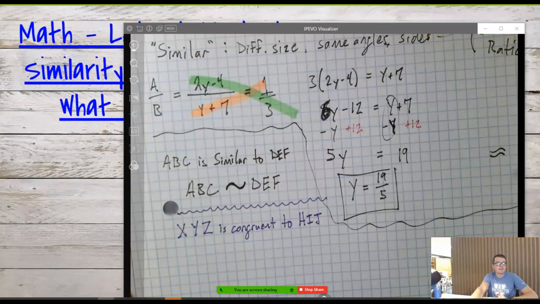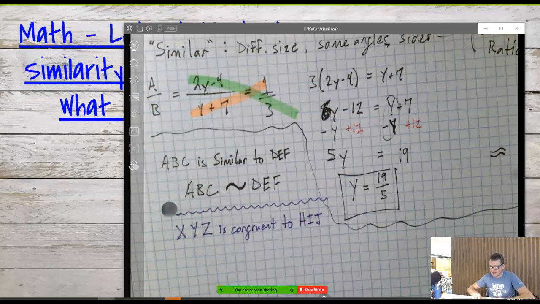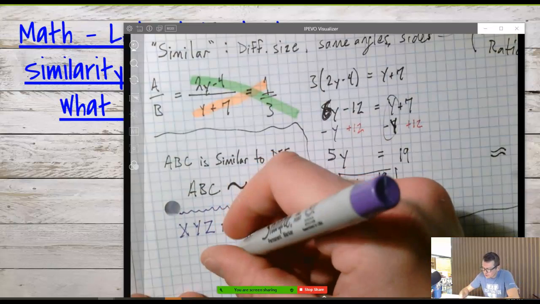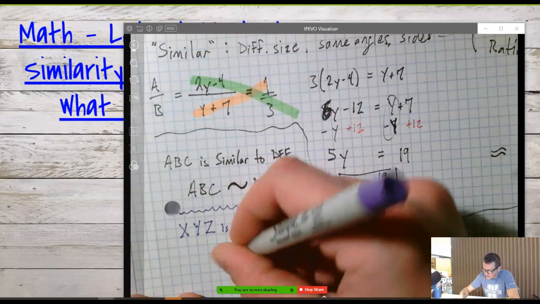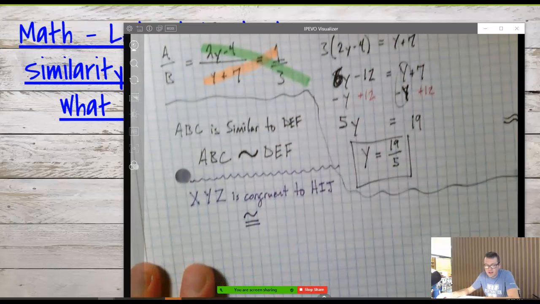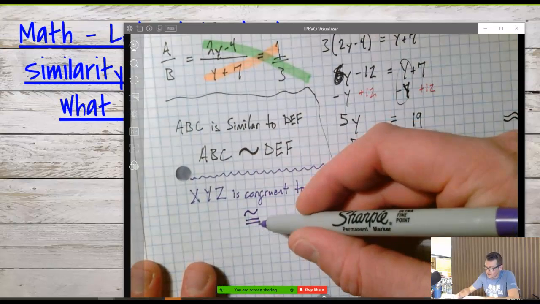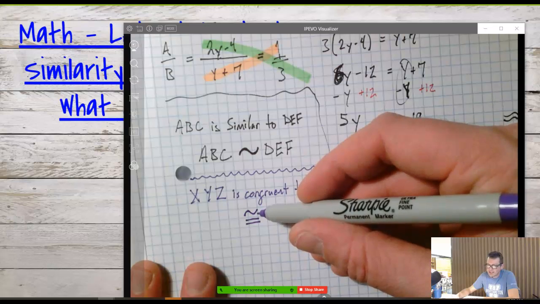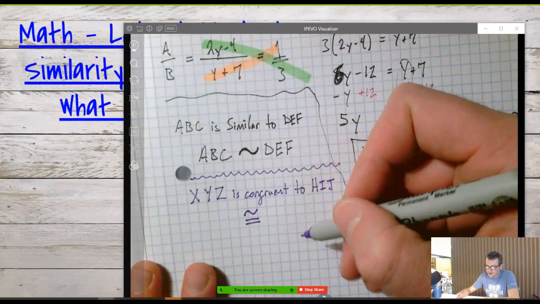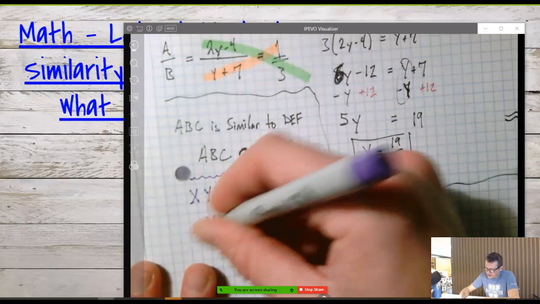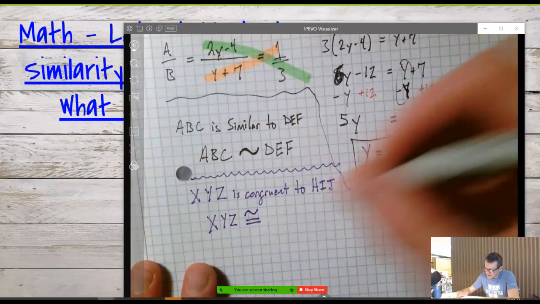So guys, if you were to look up the similarity symbol, what's funny is the first thing that popped up, because I was curious what you would see if you were Googling it, is the congruent symbol, and of course it depends on your search results. The congruent symbol is equal and similar, so it's the equal symbol and the similar symbol.